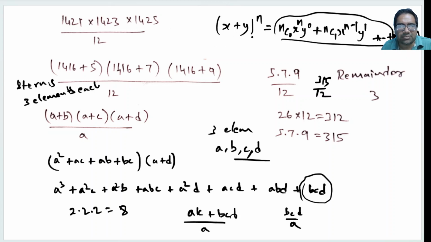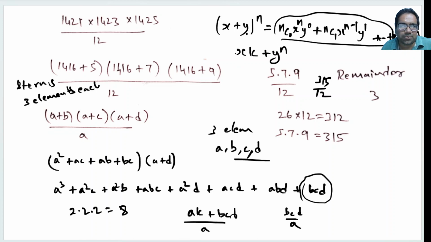So (x plus y) whole power n can be written as x into some k plus y power n, because everything else, x power n or x power n minus 1 or x power 2, x power 1, is definitely some multiple of x.